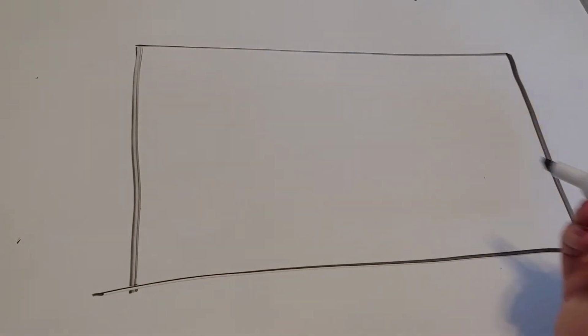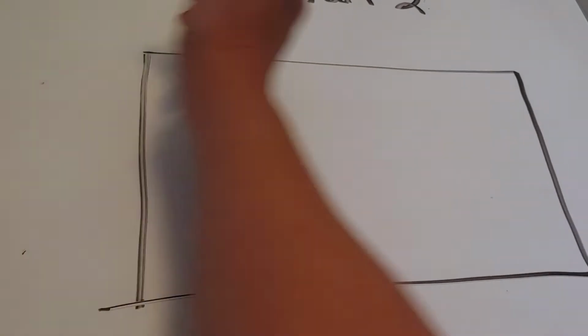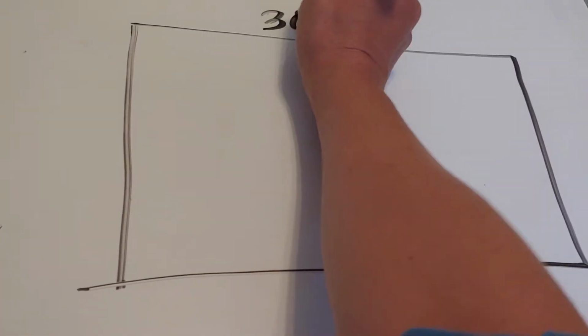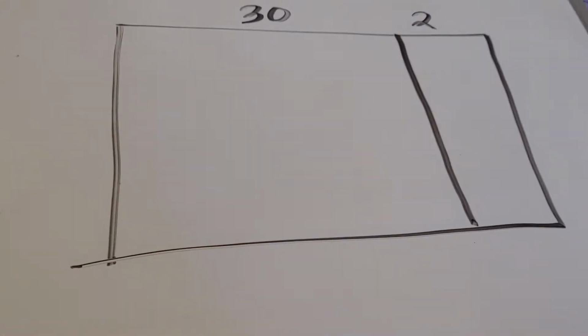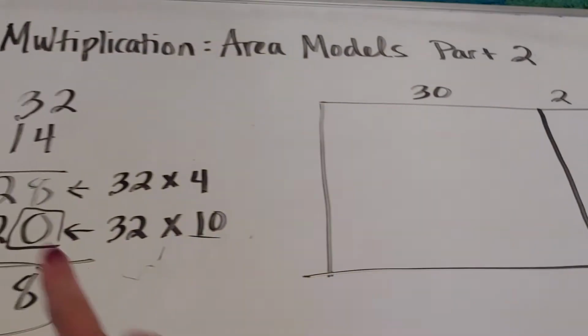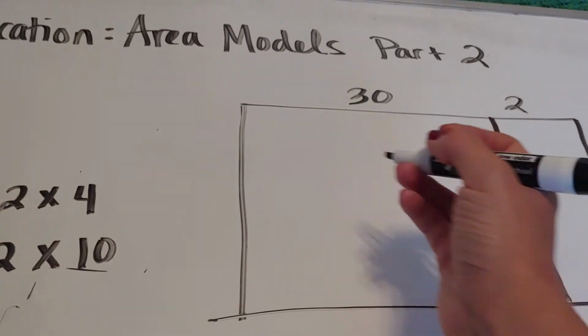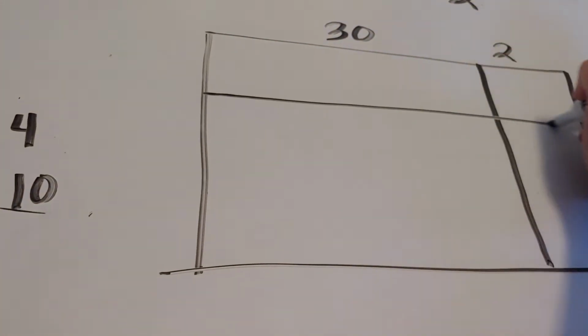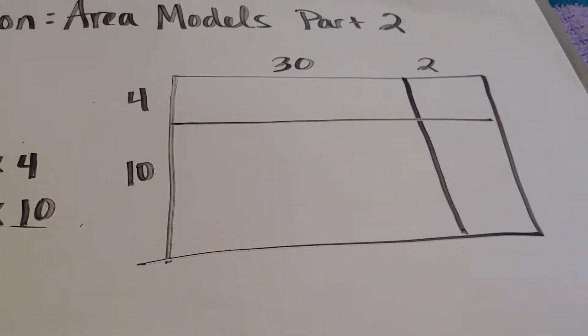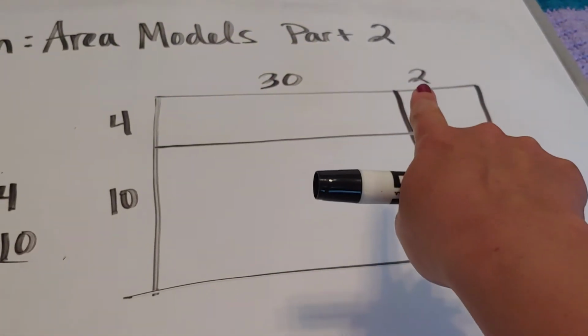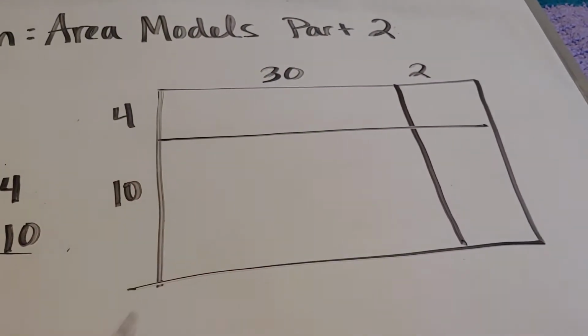I'm going to take that 32 that we started off with and write 30 and 2. Then my other number is 14, so I'm going to break it up over here, but I'm going to flip it so that the 4 is on top and the 10 is on the bottom. So 32, 14.